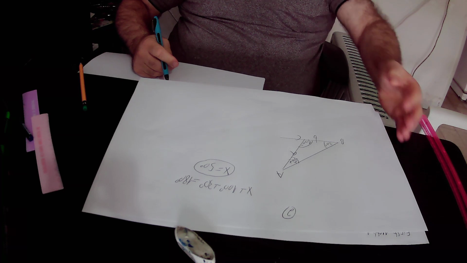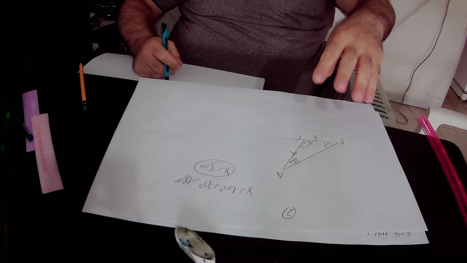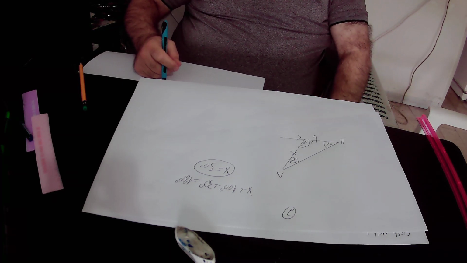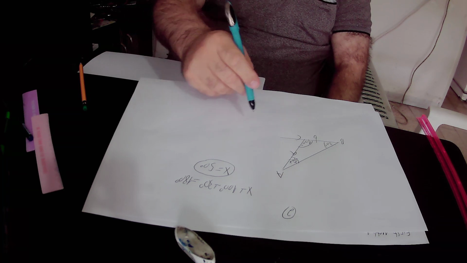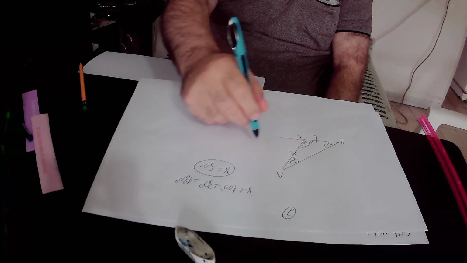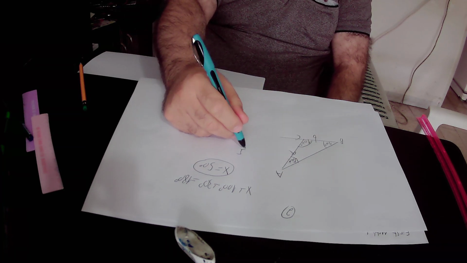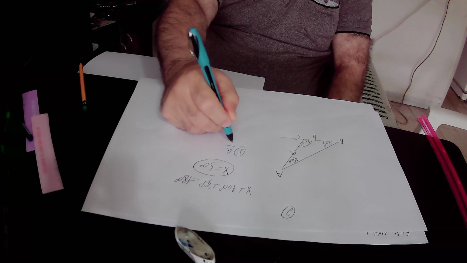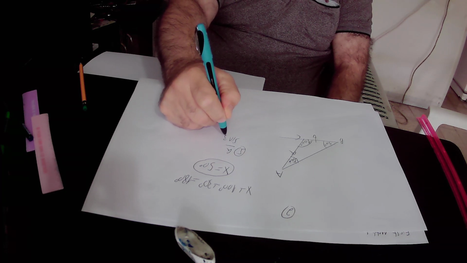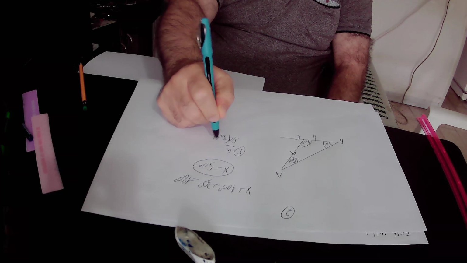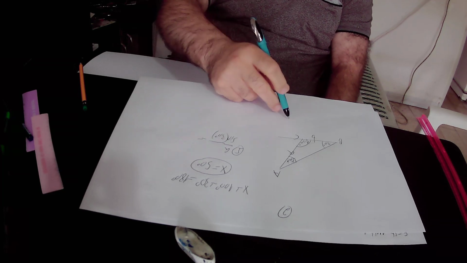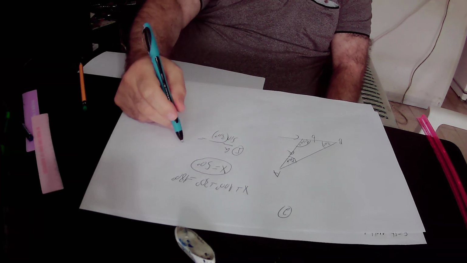Now we will implement the law of sines in this triangle, triangle ABC. According to the law of sines, we will get that A over sine 30 degrees equals B over sine 50 degrees.